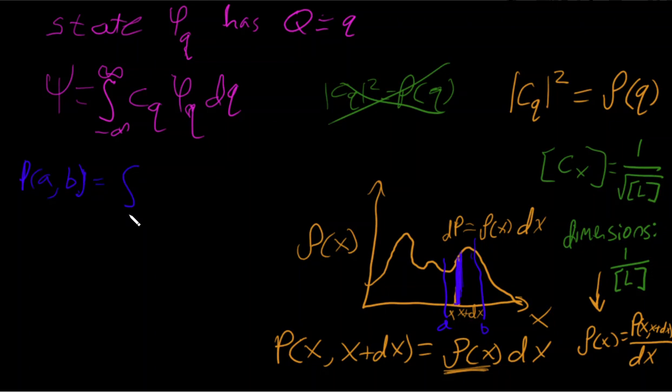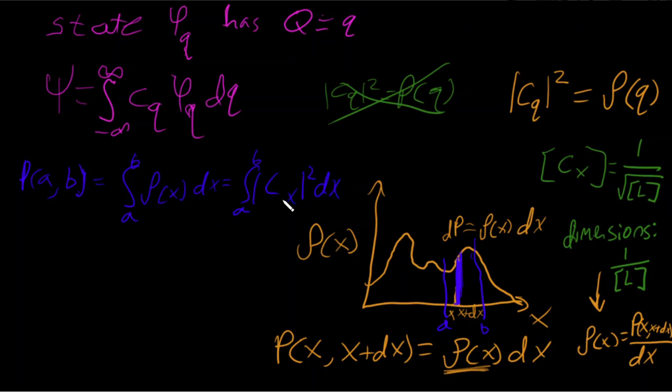So the integral from a to b of rho of x dx. But this is also the integral from a to b of the norm squared of c sub x, dx.